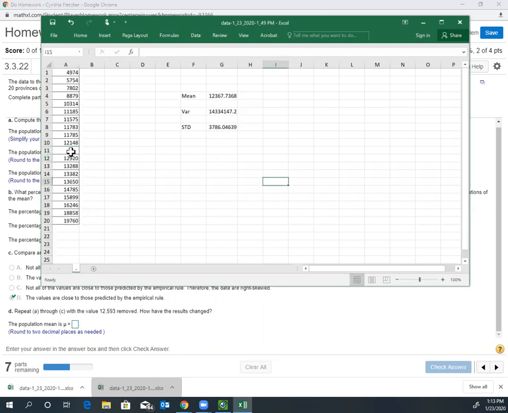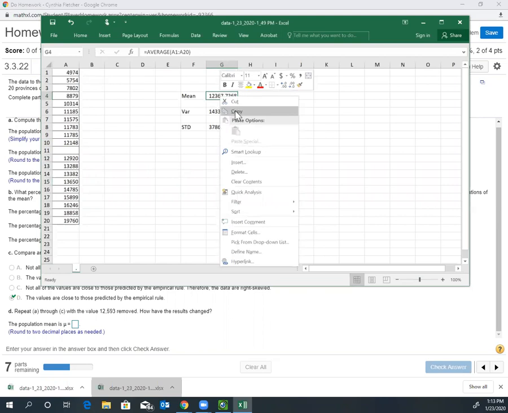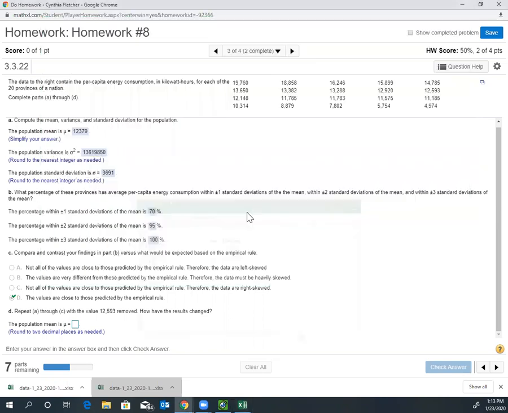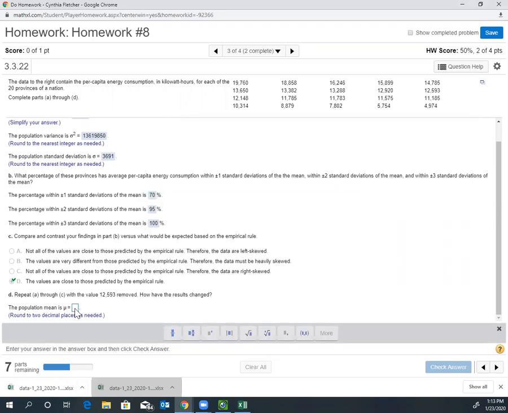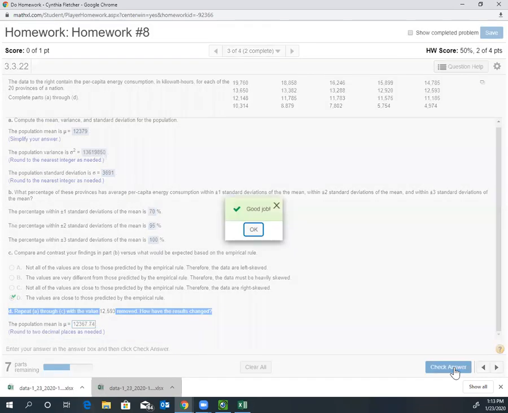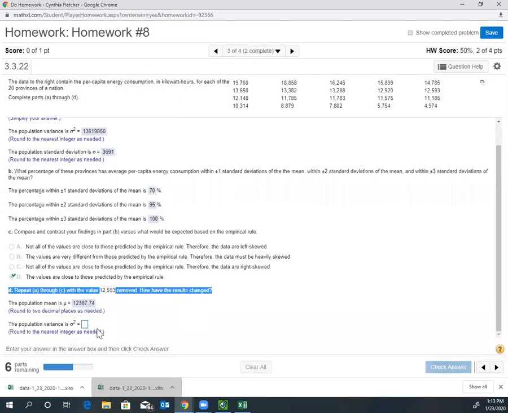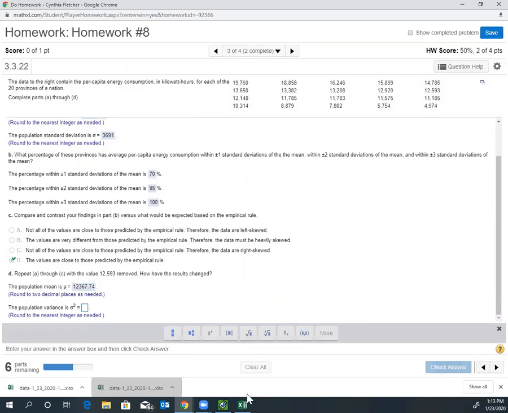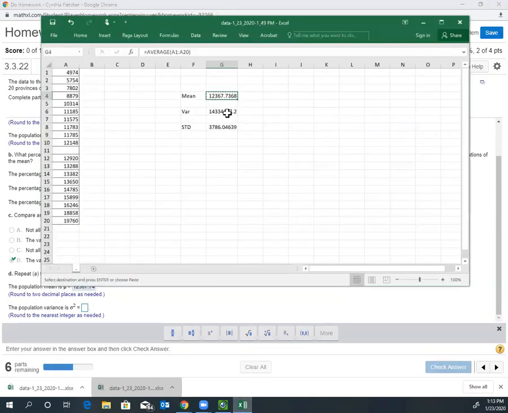Okay, so let's try these new values. When I took out that one value, it changed my mean for me. So let's test these and see if these are the correct numbers. Let's do a copy. The mean, and it says to round to 2 decimal places. Control V. My 2 decimal places is going to be 0.74. Let's see if it did it for us. Yay. The variance spreadsheet. Let's pick up my variance.